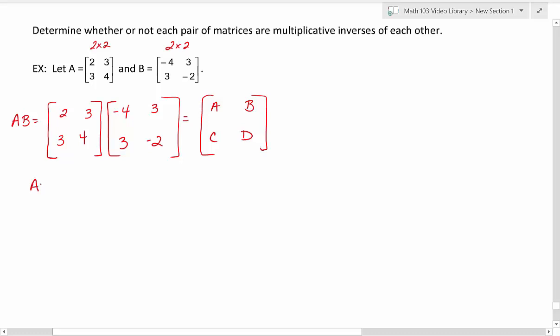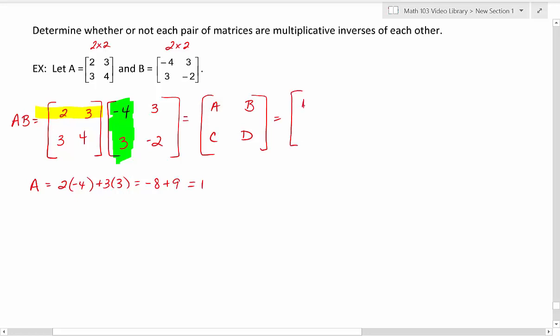Element A is located first row, first column. So we'll be multiplying the first row of our first matrix with the first column of our second matrix. This is going to be 2 times -4 plus 3 times 3. It's -8 plus 9, which is equal to 1.